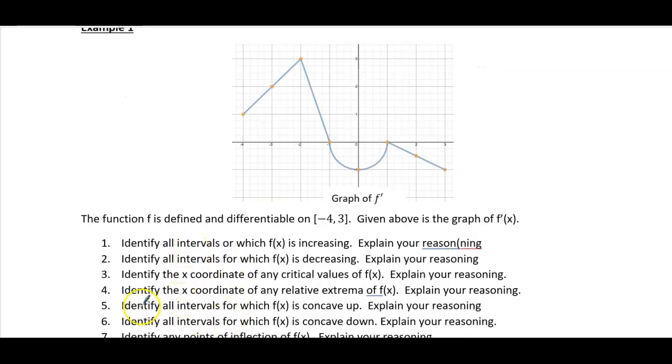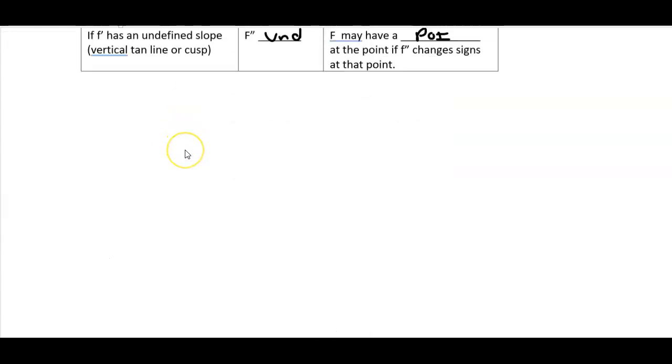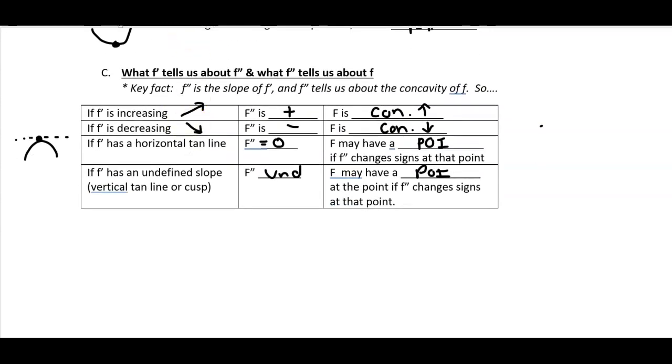All right, so let's go ahead and pick up where we left off with our example 1, and we're going to do number 5 here. Identify all intervals for which f of x is concave up. Explain your reasoning. So coming back up here to our chart, I see that f is concave up when the second derivative is positive. This happens on the graph of f prime whenever it's sloping in an upward direction.